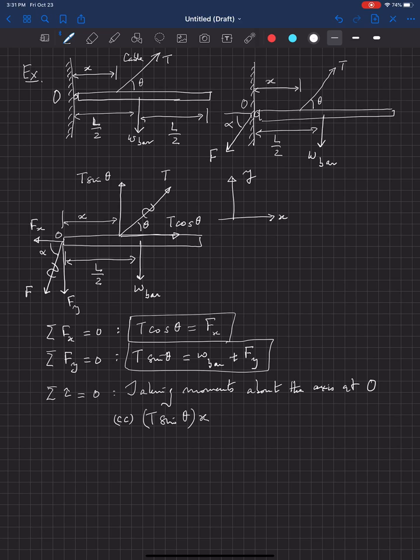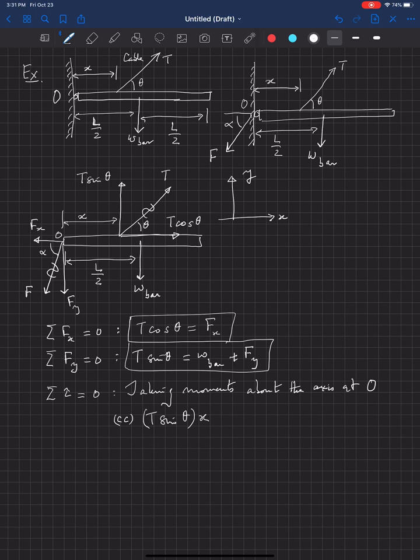Okay, and if I look around, there are no other counterclockwise torques because the forces Fx and Fy go through the axis.